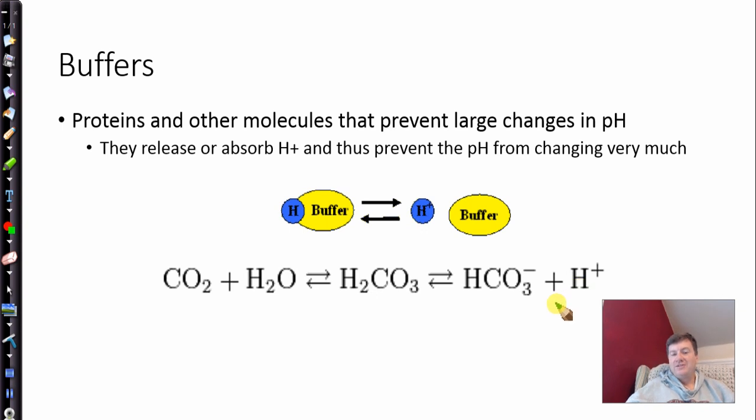If you combine this mechanism with other mechanisms the body has, like breathing, you can get rid of extra acid from your blood very quickly by the whole reaction shifting to the left. Likewise, if you have CO2 and water, you can form carbonic acid, which allows the body to carry CO2 in a little different form. We'll spend more time on this in A&P2, but I wanted you to see that buffers are vital for maintaining homeostasis. If you do not correctly maintain homeostasis, then we have a term for that in biology. We call that dead.